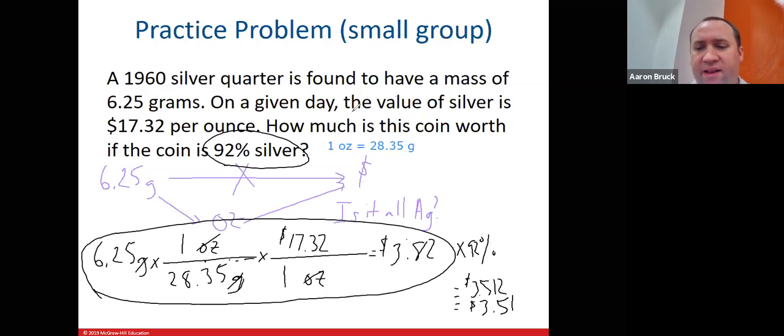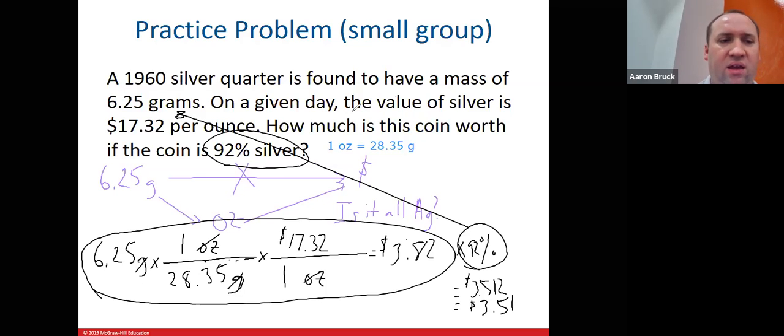Now, you technically could have applied this 92% at the beginning and said, okay, well, 6.25 grams was the mass of the quarter. If I take 92% of 6.25, I get 5.75, and done the conversion from there.